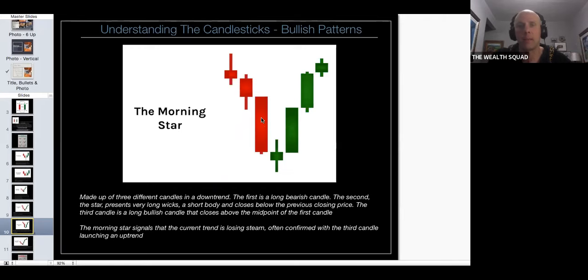So that midway point is really right in here, right? So it's going to close up here above that. And the Morningstar signals that the current trend is losing steam, which is this downtrend, and it's confirmed with the third candle launching the uptrend, which is right here. This launches it into the next orbit, right? Make sense?